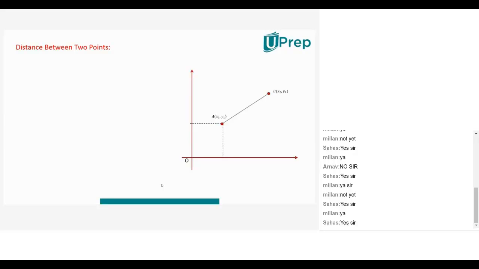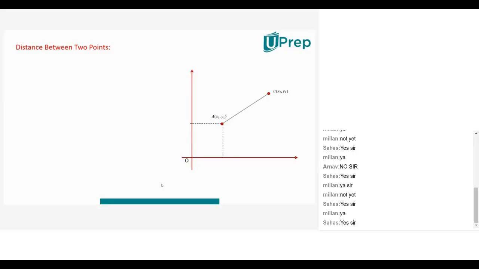So will the distance be simply y2 minus y1? No, sir. Okay. Then if it is not y2 minus y1, then I think the distance should be x2 minus x1. Will the distance be x2 minus x1? No, sir. Why no? Sir, because it is not even parallel to the y-axis.